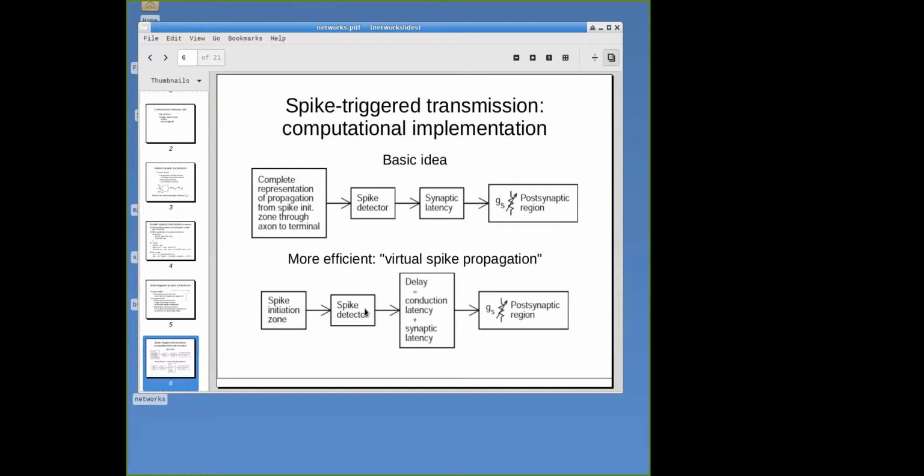Then the delay will be the sum of the conduction latency plus the synaptic latency. So we detect our spike and we wait an equivalent amount of time that it would have taken for the spike to get all the way down the axon, plus the synaptic latency, before we tweak the postsynaptic region. That's very efficient. It throws out a whole bunch of differential equations. We don't have to fool with them.